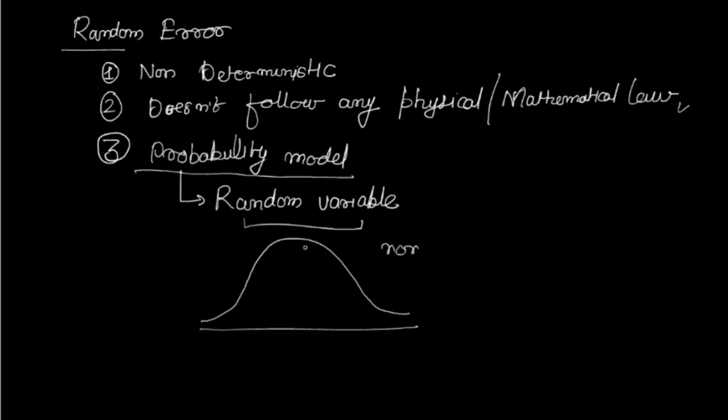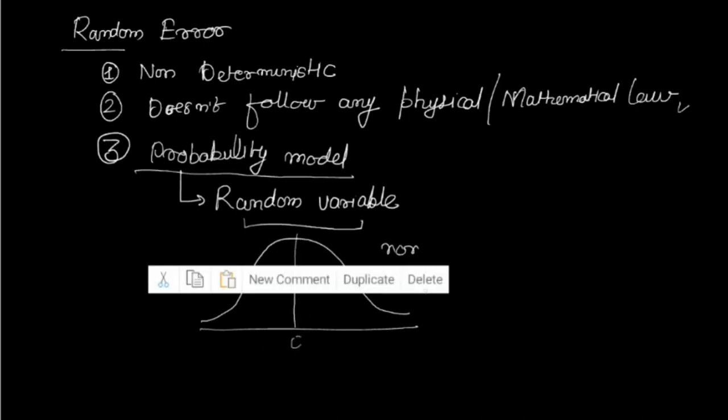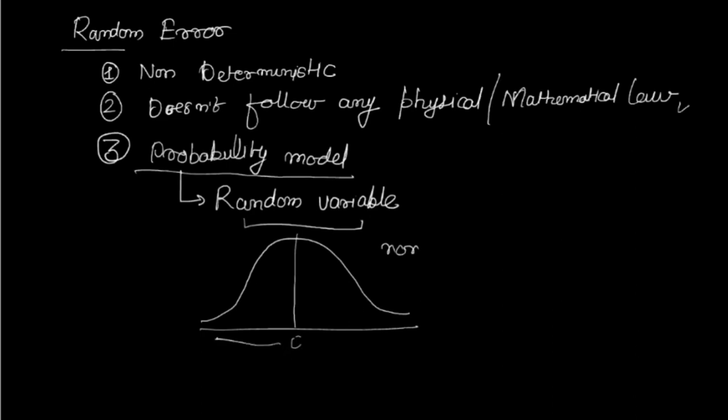And why? Because this kind of error occurs in both directions. Let's say it's zero, so some will occur in the negative direction, some will occur in the positive direction. 50% of the errors will be here, 50% of errors will be here. This way we adopt this model, and we will see these things in detail in the subsequent lectures.